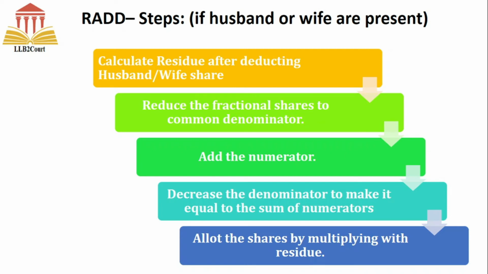Once it is done, we decrease the denominator to make it equal to the sum of numerators. After that, allot the shares by multiplying with the residue which we calculated in the first step. So this is how it works when husband or wife are present as sharers.